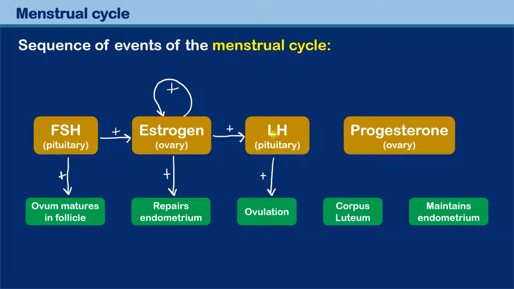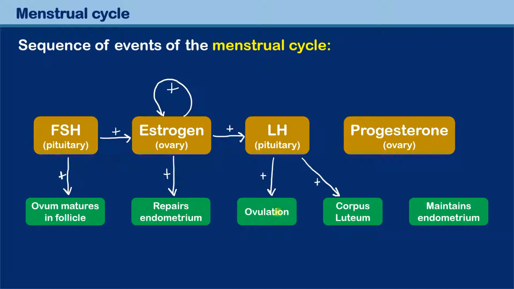LH, luteinizing hormone, can also be explained by saying that it causes the formation of a corpus luteum. This is also known as the yellow body, and the corpus luteum is nothing more than a fancy way of saying an empty follicle.